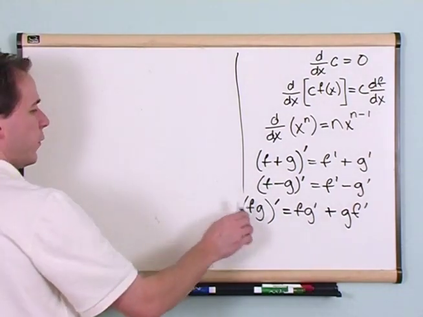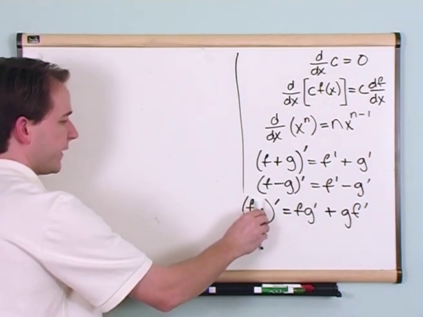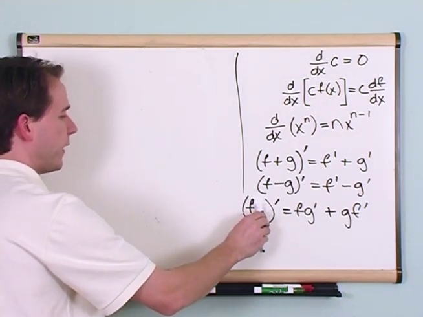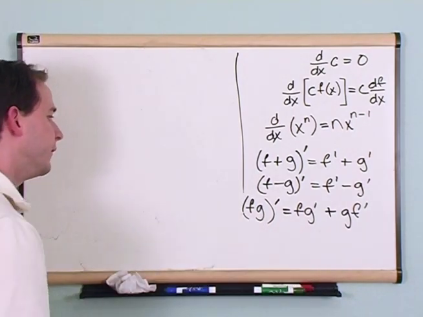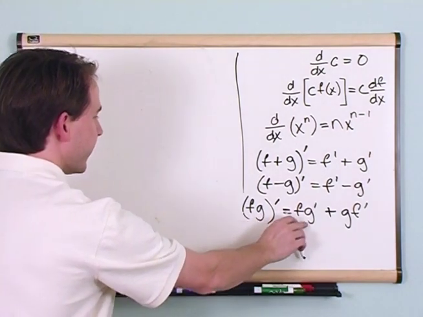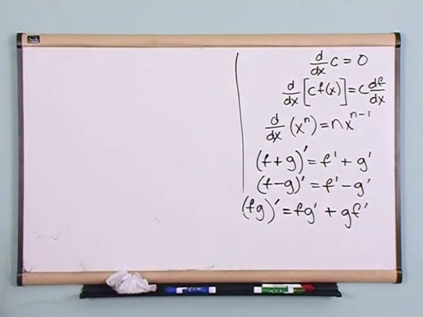So the way I remember it when I see it down on paper is the first times the derivative of the second plus the second times the derivative of the first. And that's what this is saying here. That's how I remember it.